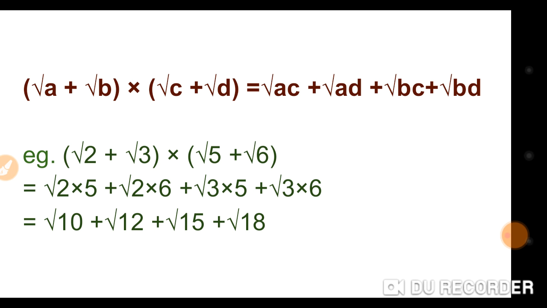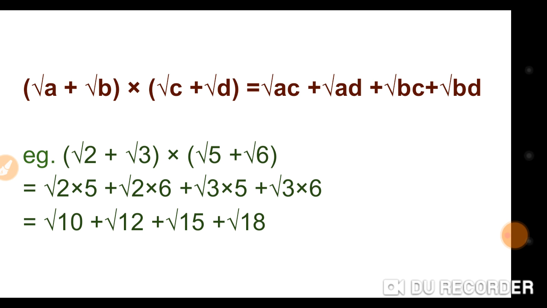And the last identity, you can see root a plus root b multiplied by root c plus root d is equal to root ac plus root ad plus root bc plus root bd. All the irrational numbers are different here, so we multiplied them and we get the result here.